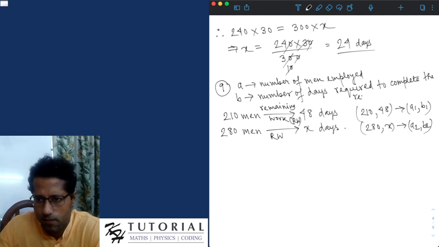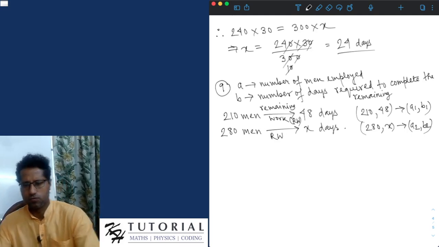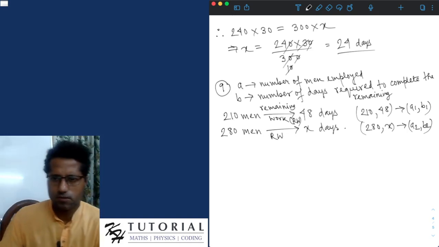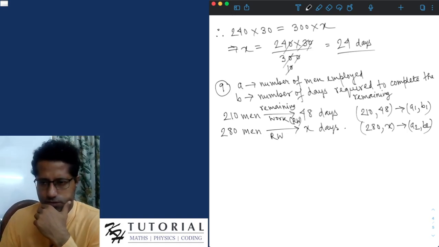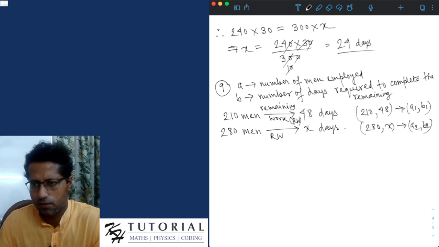That is, in the first 12 days, the 210 men have already done some work in building the house. So some work is left. So that is what is meant by completing the remaining work.